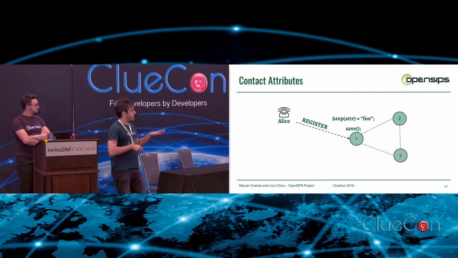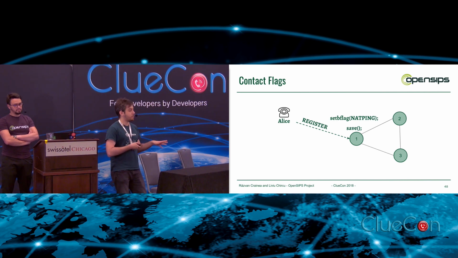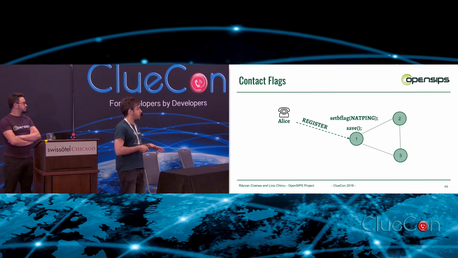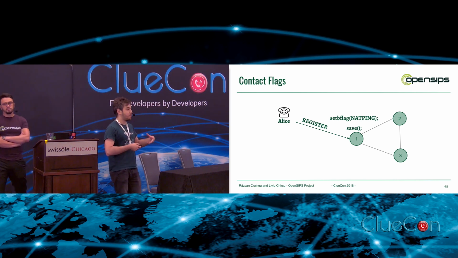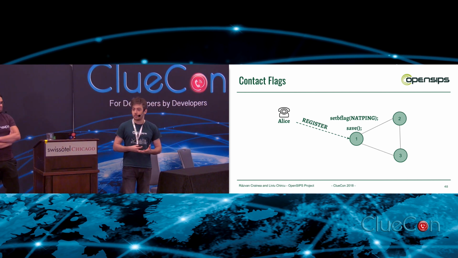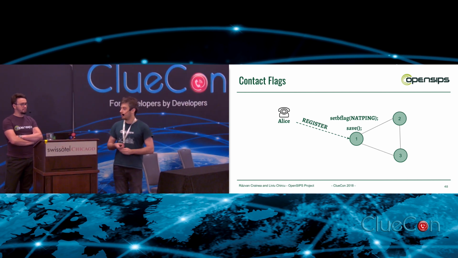Also, you might have some attributes that you attach to the contact and propagate to the cluster, or some branch flags, if you're familiar with the OpenSIPS script. And the answer is yes, yes, and yes. All of this information is included in the replication packets, such that any of the nodes can make use of it and know these outbound proxy settings that they should route according to.